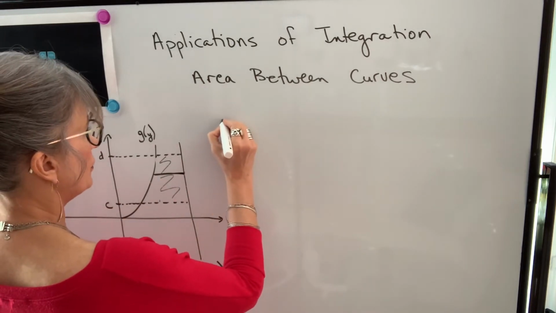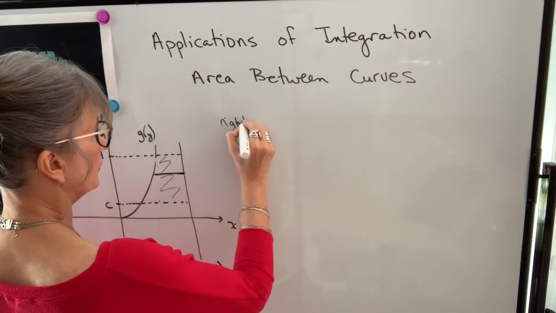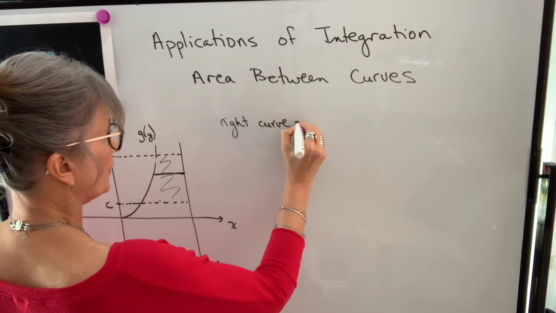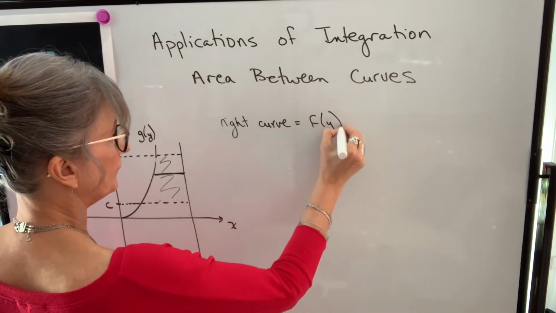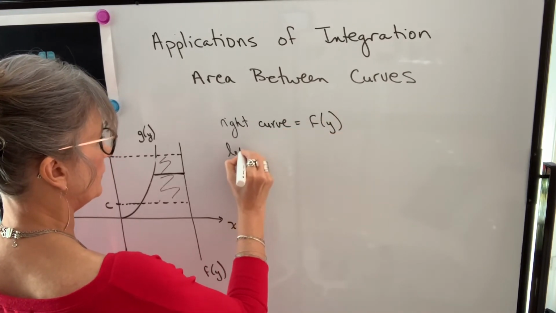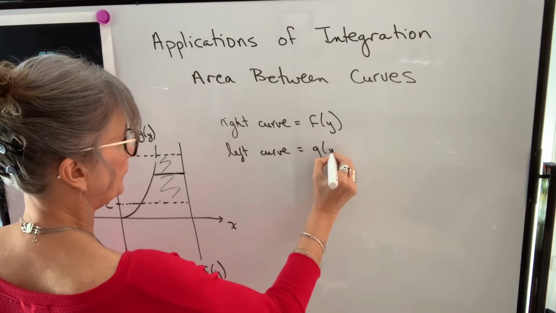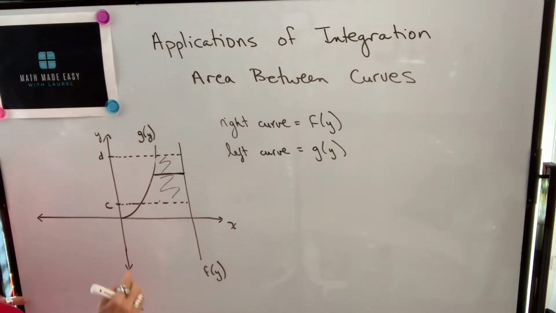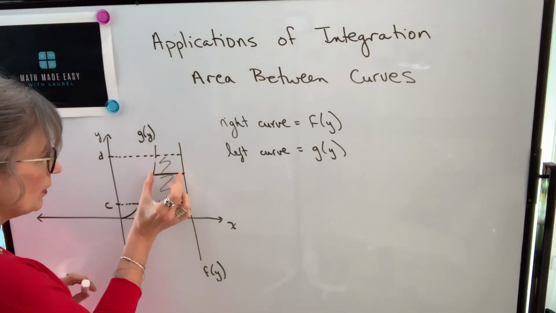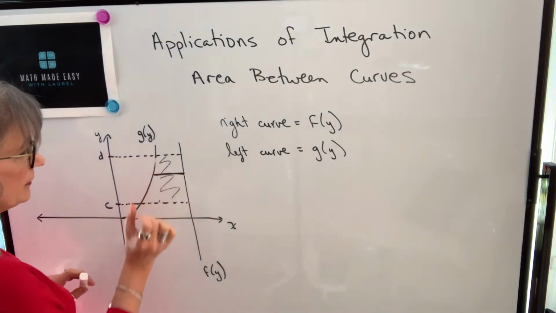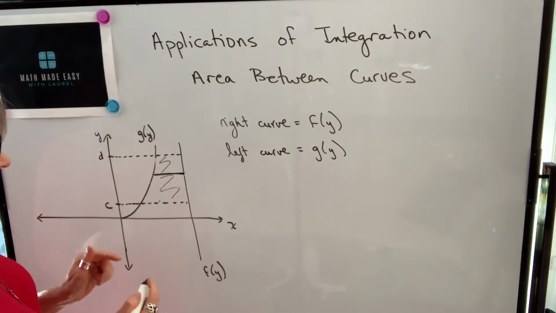So our right curve will be f of y, and our left curve will be g of y. In addition, instead of using a, b as our lower and upper limits, we're going to use the letters c and d. So what we're going to do is take this representative rectangle and define its area.